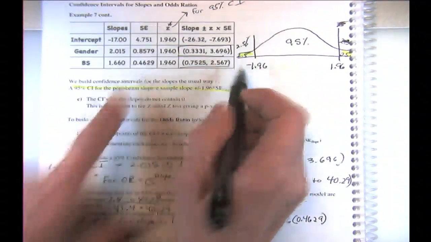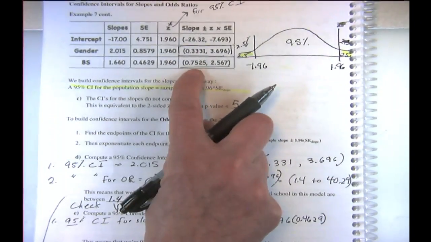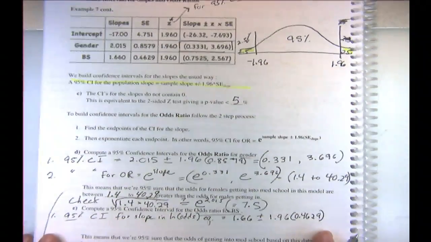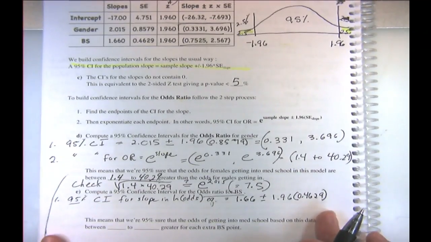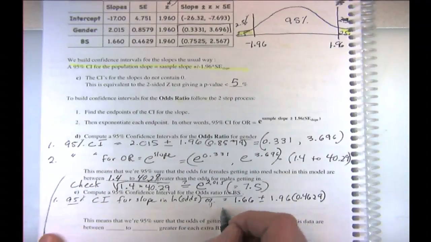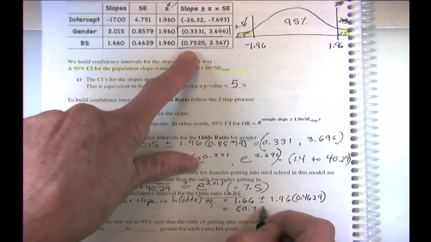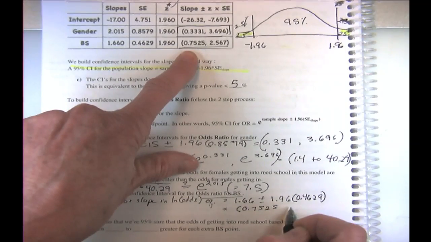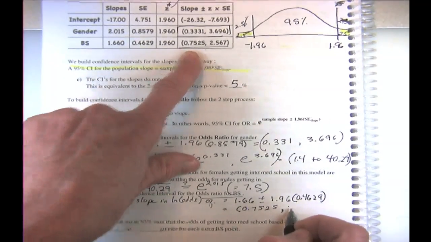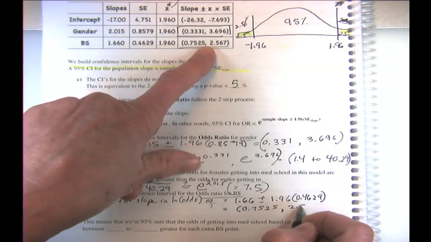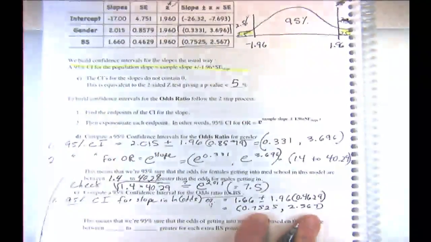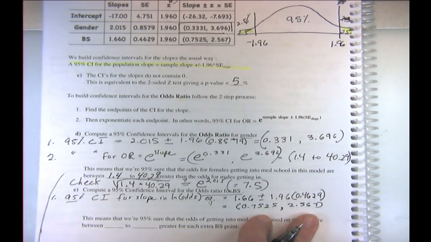And then the next step is just to anti-log that, right? So that gives us those limits that you see here, 0.7525, comma, 2.567. That doesn't include 0.